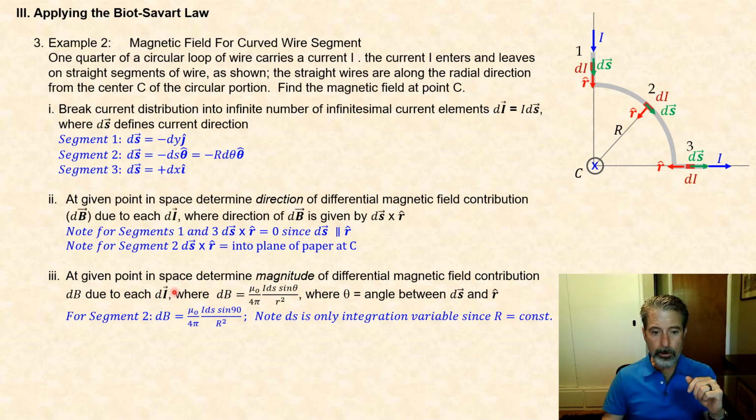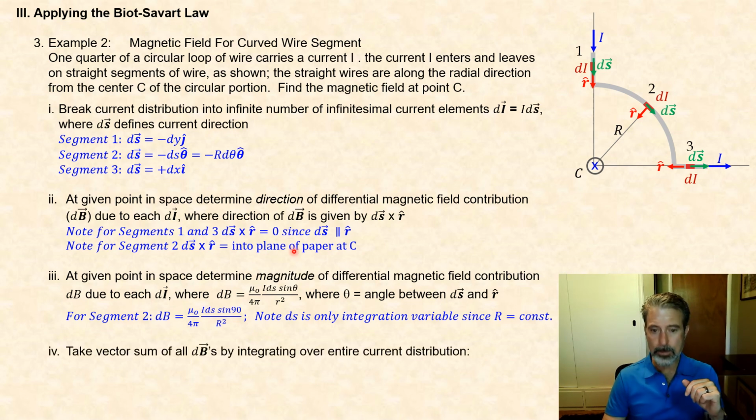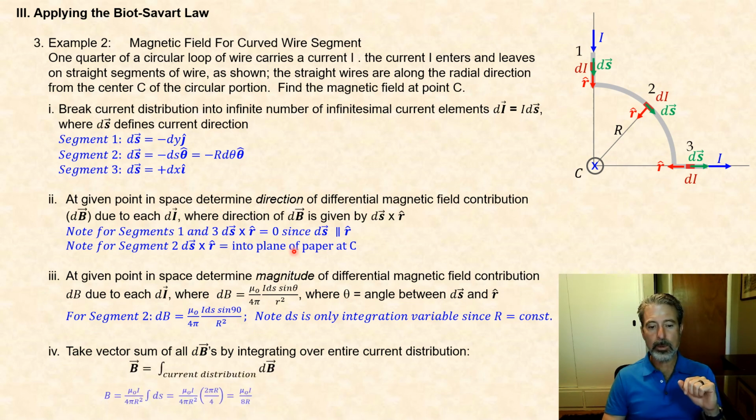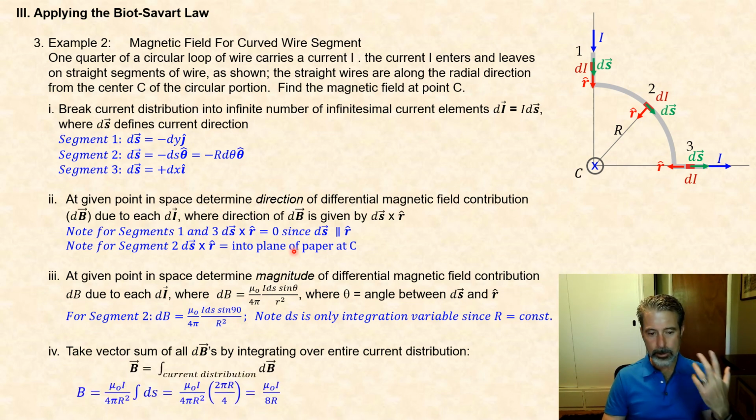So the only variable in this expression is really ds, in which case we have a single integration variable, and we can now conduct the integration to evaluate the integral. And when we do so, we see that pretty much everything comes out of the integral because they're constants, and we simply take the integral of ds over the entire current distribution, which is a quarter loop.